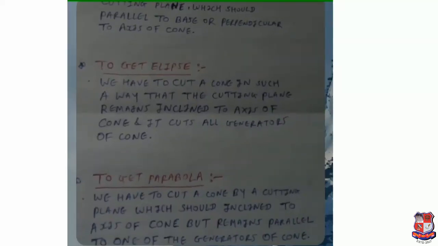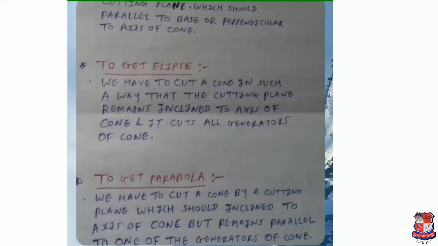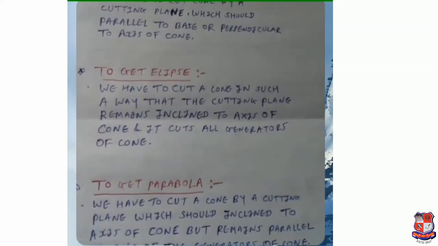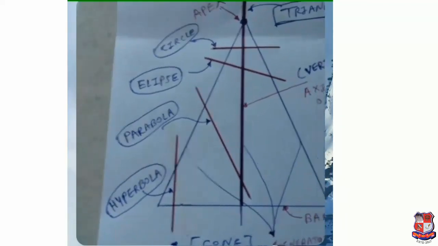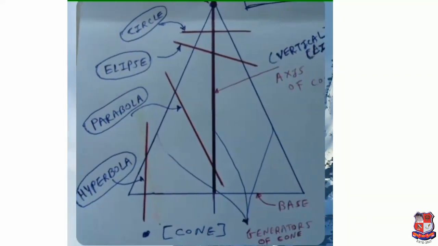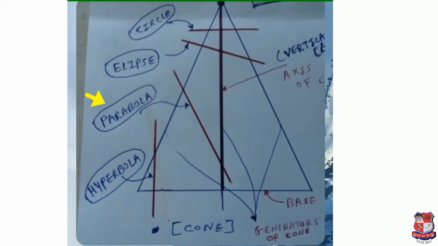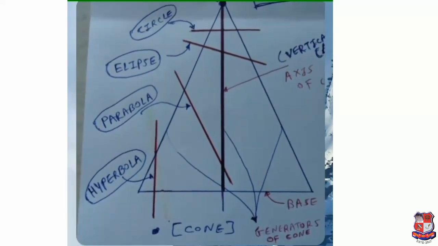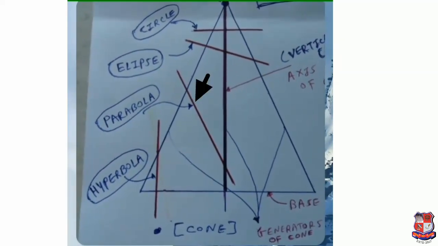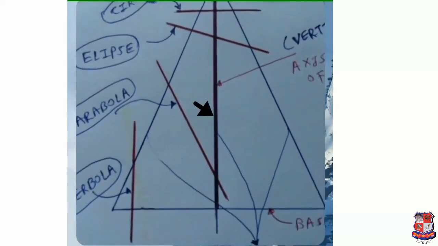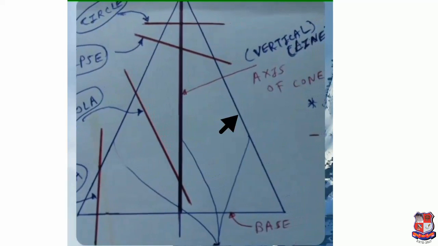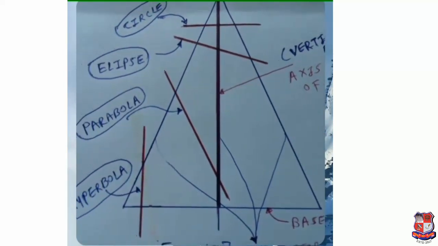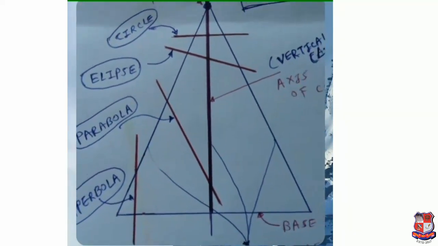So let's see it on the diagram. So here you can see parabola. For getting parabola we have cut a cone by a cutting plane which should be inclined to the axis of the cone but remains parallel to one of the generators of the cone. Understood?